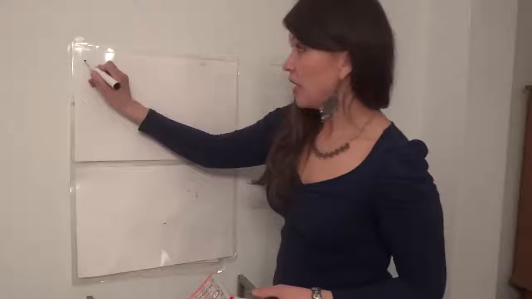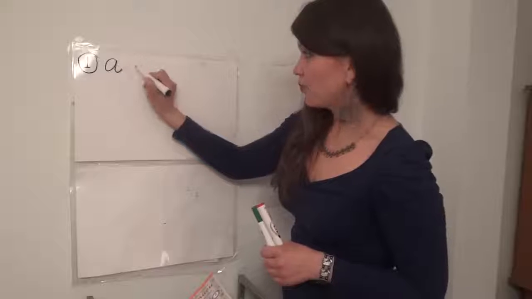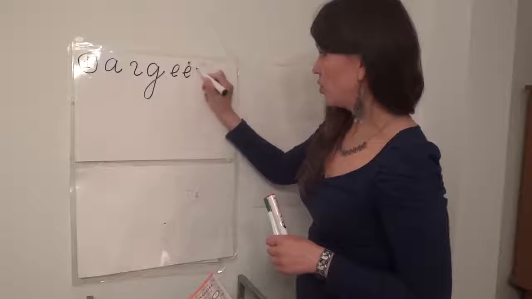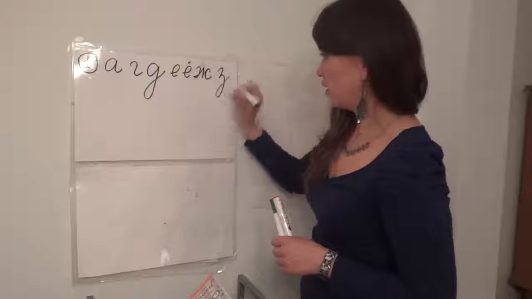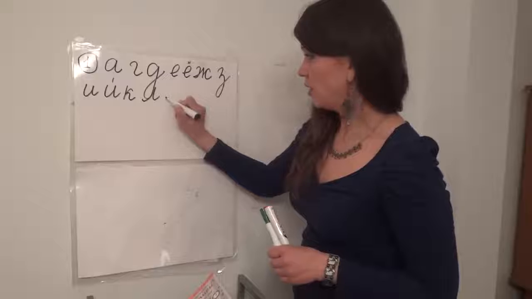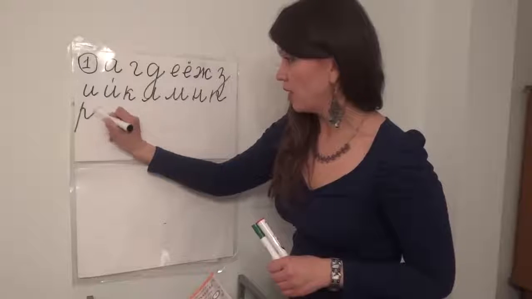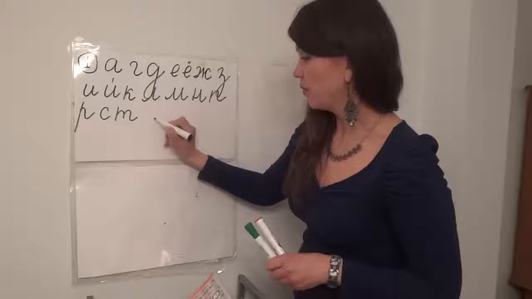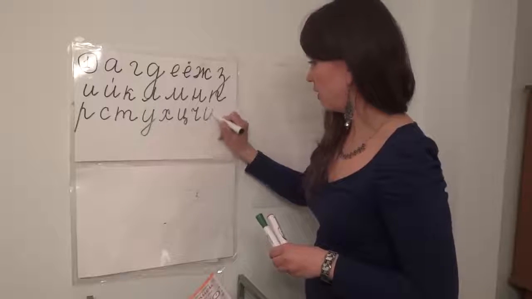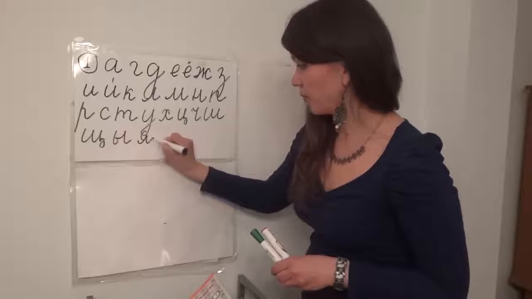Group number 1 contains letters that have a little tail or extension to them: А, Б, Д, Е, Ё, Ж, З, И, Й, К, Л, М, Н, П, Р, С, Т, У, Х, Ц, Ч, Ш, Щ, Ы, Я.